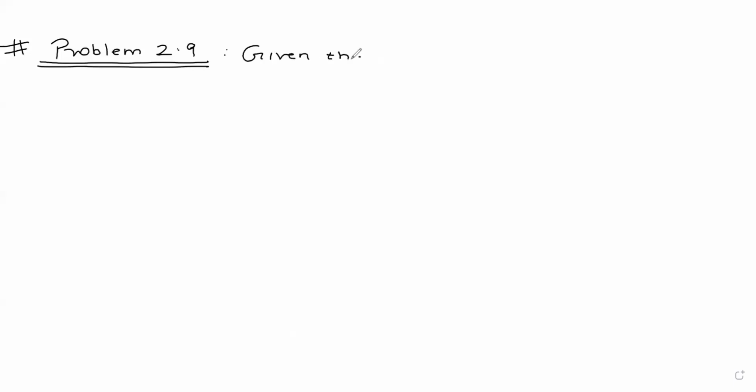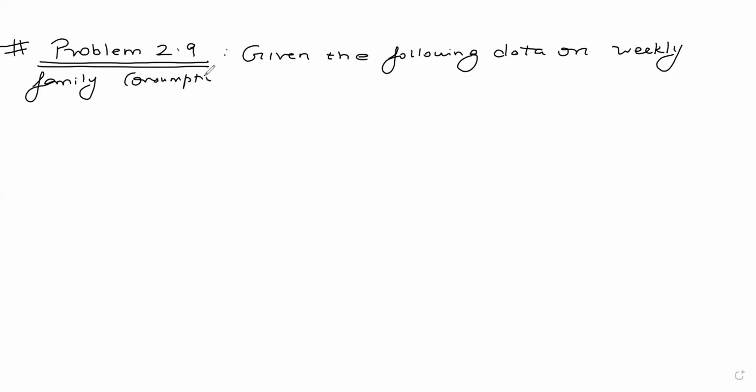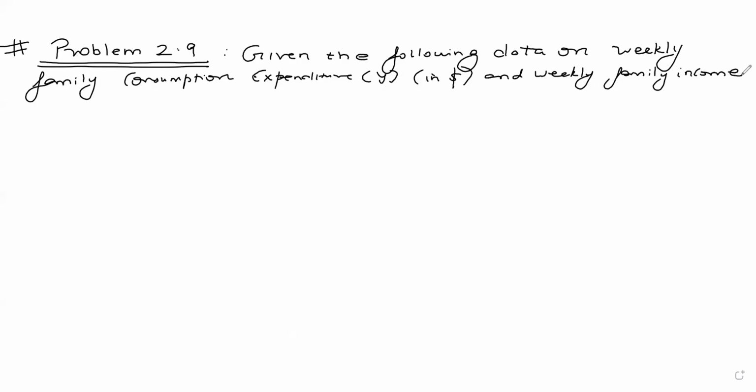Given the following data on weekly family consumption expenditure, which is Y, which is given to us in dollars, and weekly family income, which is X in dollars. So we are given the data between the family consumption expenditure and the weekly family income. The data is given to us as follows. So we are given weekly income.